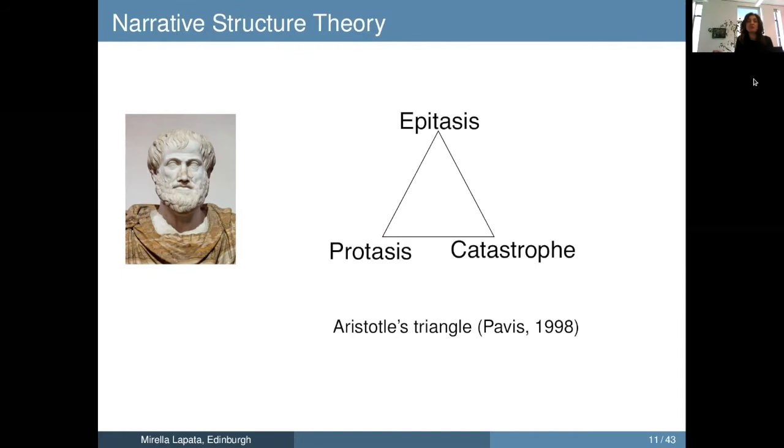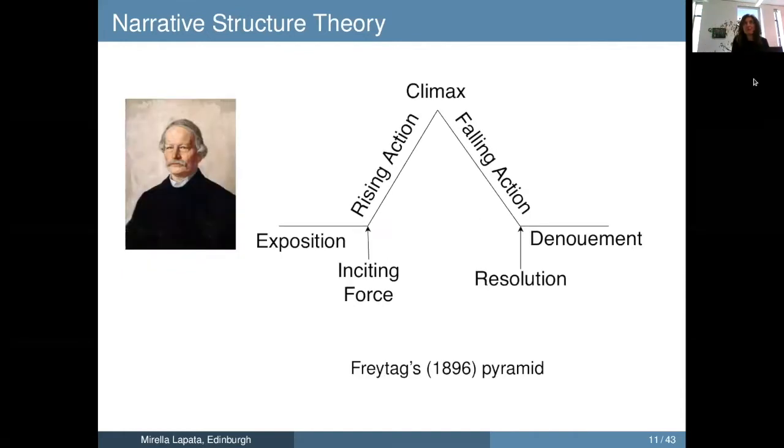So this is what Aristotle said, but it turns out that modern narrative structure theory thinks that Aristotle's triangle is a bit coarse-grained. So they tried, Freytag here, who used to be a German playwright, refined it. He took this triangle and made it into a pyramid. So now we have these different steps.